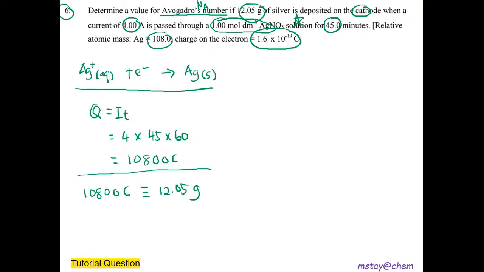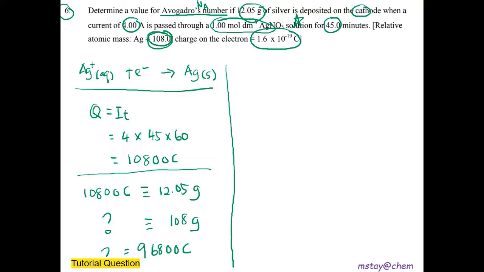So if we want to know, for 1 mole of silver produced, how much coulomb is needed? So we place 108 because the atomic mass of silver is 108. So pressing the calculator, we notice that the coulomb needed is 96800 coulomb.